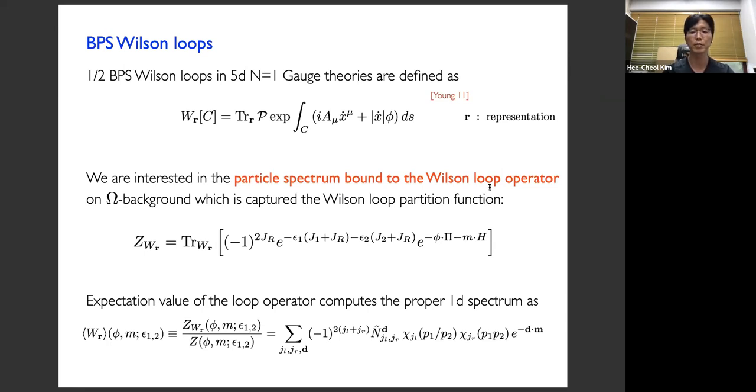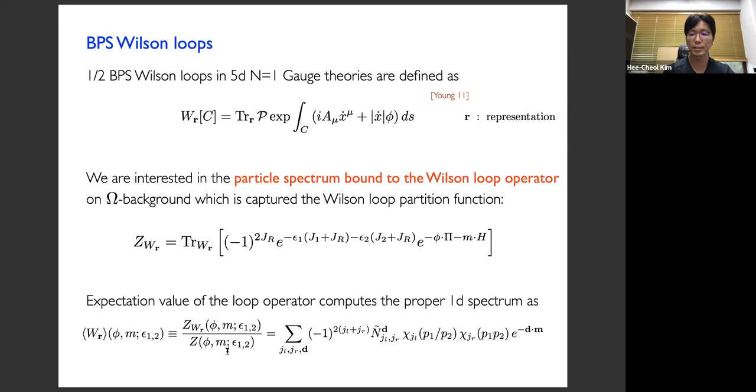This spectrum is captured by this Wilson loop partition function. Here, the trace is taken over the states in the presence of the Wilson loop. We can also consider the expectation value of this Wilson loop operator as a normalized partition function. We normalize this Wilson loop partition function by the bare partition function.